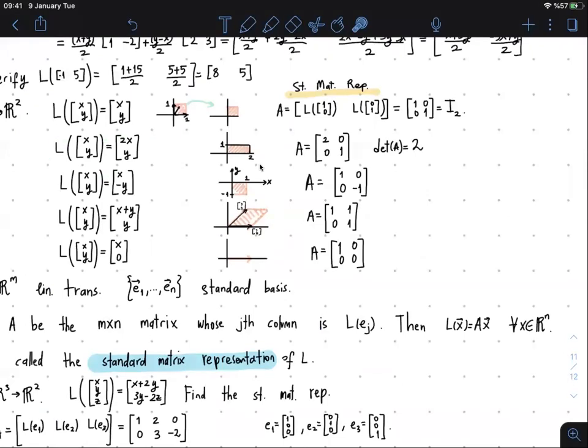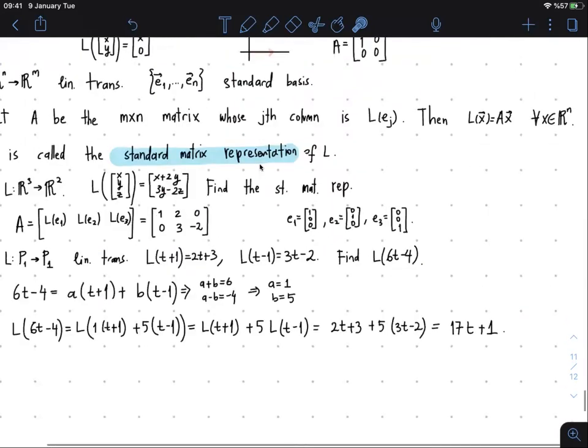So linear transformations, in a sense, are just matrices. I mean, every linear transformation has a matrix representation. I talked about this yesterday, so it's basically saying they can be represented by matrices.